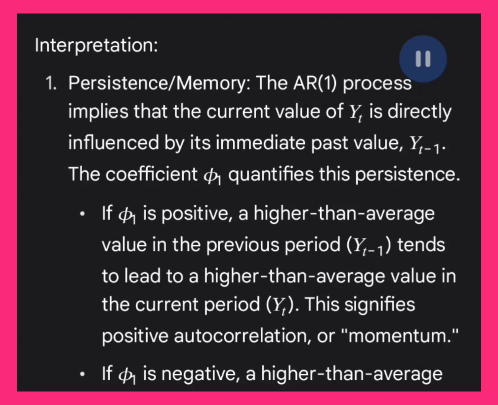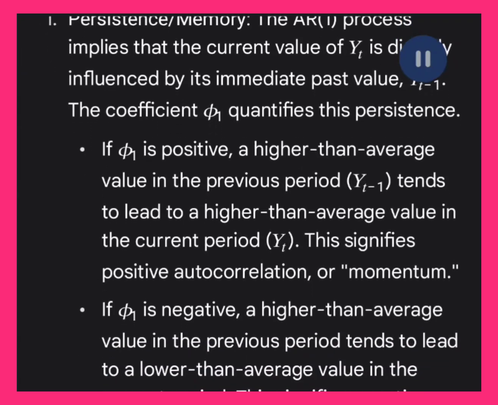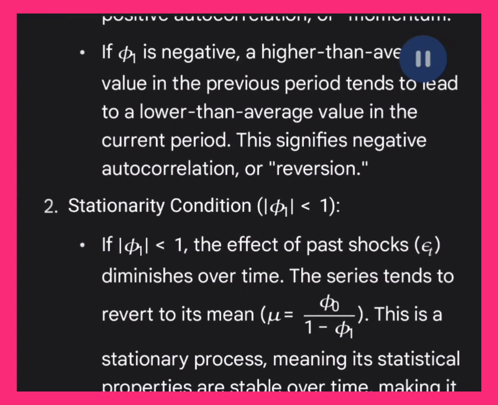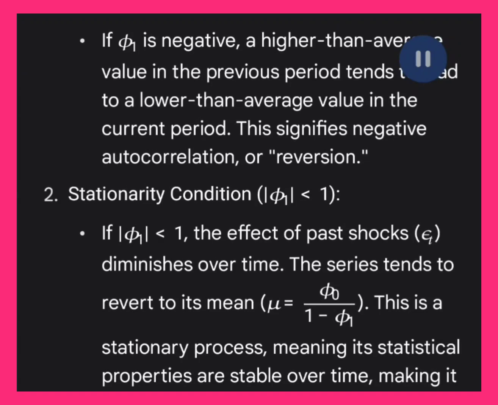If φ₁ is positive, a higher than average value in the previous period, y_{t−1}, tends to lead to a higher than average value in the current period, y_t. This signifies positive autocorrelation or momentum. If φ₁ is negative, a higher than average value in the previous period tends to lead to a lower than average value in the current period. This signifies negative autocorrelation or reversion.